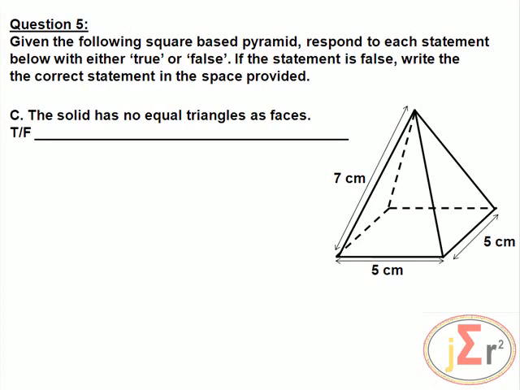It is a square. And 2, since it is a square, all of the sides are equal. So we are sure that the edges that we have here are all equal in length, since it is a square base pyramid.